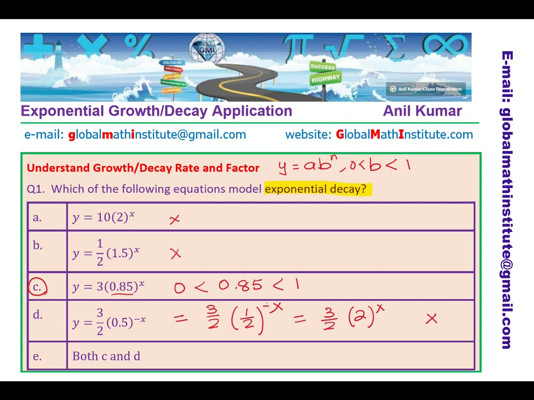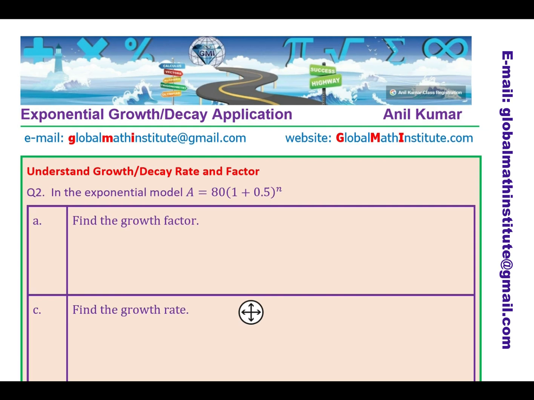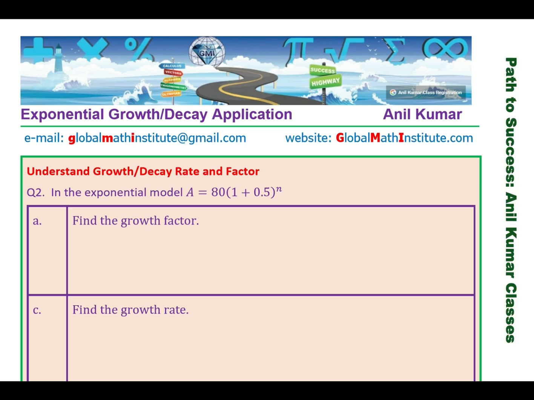You get the idea. So, looking at the equation, you can figure out whether it represents exponential decay or growth. Now, we need to figure out what is the growth factor and what is the growth rate. Question number 2 here is, in the exponential model, A equals 80 times (1 plus 0.5) to the power of n, find the growth factor. Now, growth factor is the term by which you multiply, right?